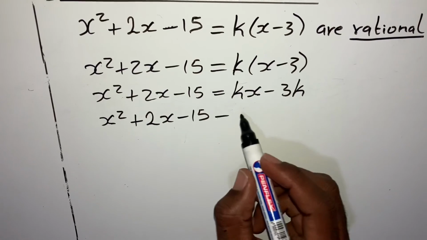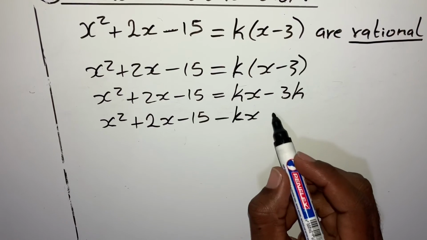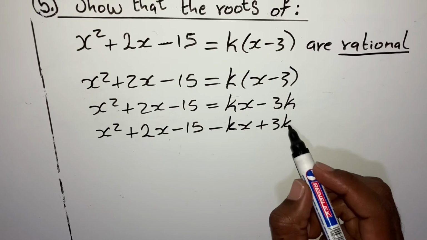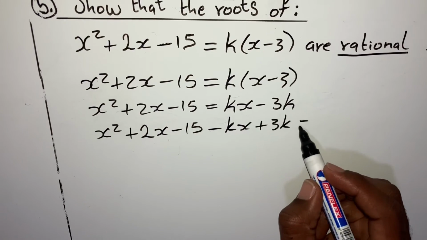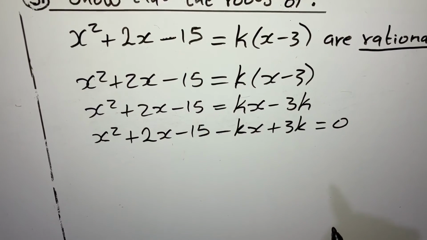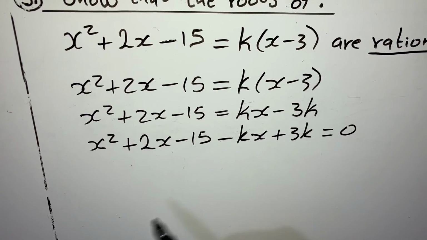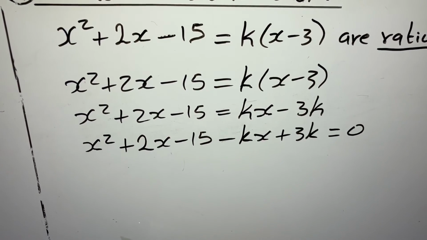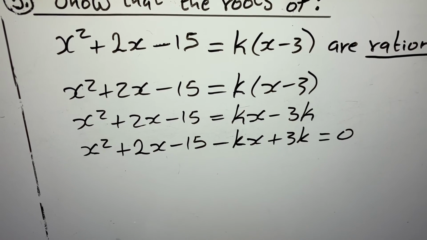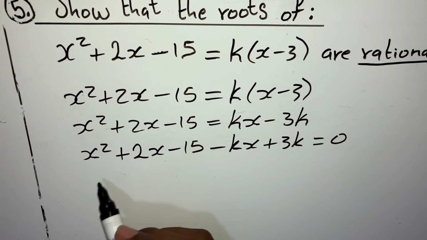Take this to the other side, we get a negative kx plus 3k equals 0. Then from here we must check if there are any like terms, of which we don't have any like terms. So we'll then go to our delta.